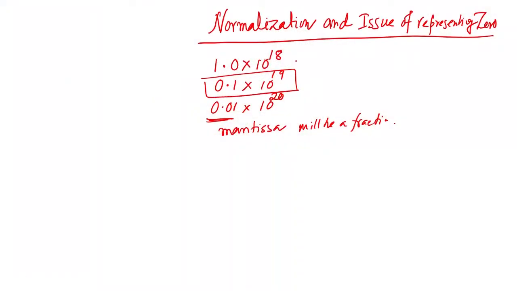We will represent it in the computer as a fixed number, but we assume that this number is a fraction. So, the right representation, the normalized representation, is this one. We can also write 0.001 into 10 to the power 21. Okay. We can write 10 into 10 to the power 17. So, we have many representations, but this is the right representation.